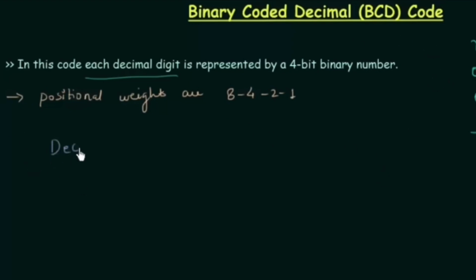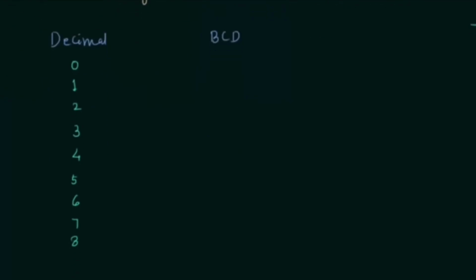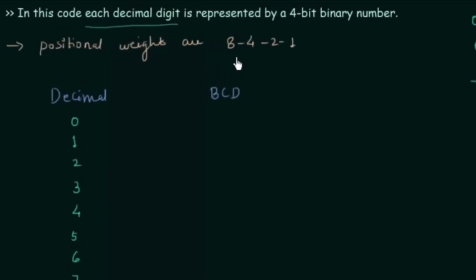Now we will write down the BCD code for decimal digits. In the first column we have decimal digits, and in the second column the BCD code for them. The decimal digits are 0, 1, 2, 3, 4, 5, 6, 7, 8 and 9. In BCD code, the positional weights are 8421.